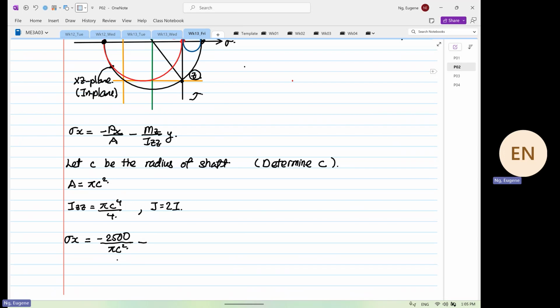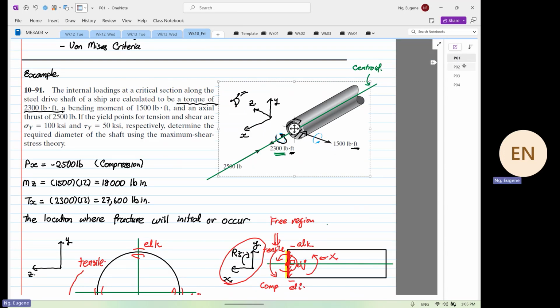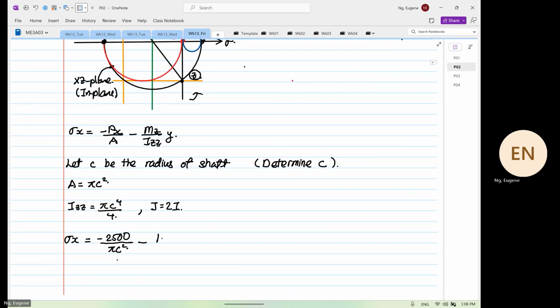Then minus Mz. So Mz is equal to 1800 over pi c^4 divided by 4. Then you have a y, which is c over here. Okay. So I'm going to simplify the equation a bit, but I'm not going to put pi inside because I like to deal with whole numbers.